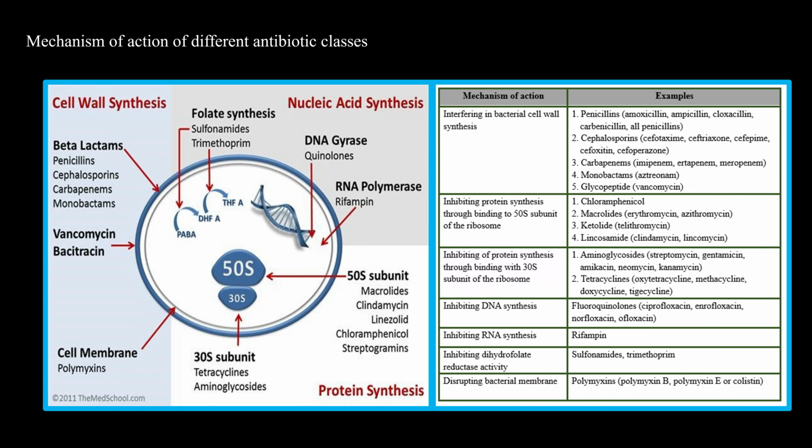Mechanisms of different antibiotic classes: cell wall synthesis, nucleic acid synthesis. Examples of mechanism of action: inhibition of bacterial cell wall synthesis by penicillin, cephalosporin, carbapenem, monobactam. Inhibition of protein synthesis targets the 50S subunit of the ribosome: macrolides, lincosamides, chloramphenicol. Inhibition of DNA synthesis: fluoroquinolones such as norfloxacin. Inhibition of RNA synthesis: rifampin. Sulfonamide and trimethoprim block folic acid activity.